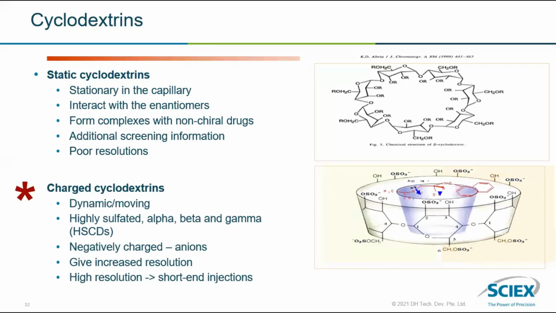We have three different kinds of cyclodextrins in the market: alpha, beta, and gamma, and all contain different kinds of sulfate groups. These cyclodextrins are negatively charged, and this will increase the resolution when you analyze chiral molecules.